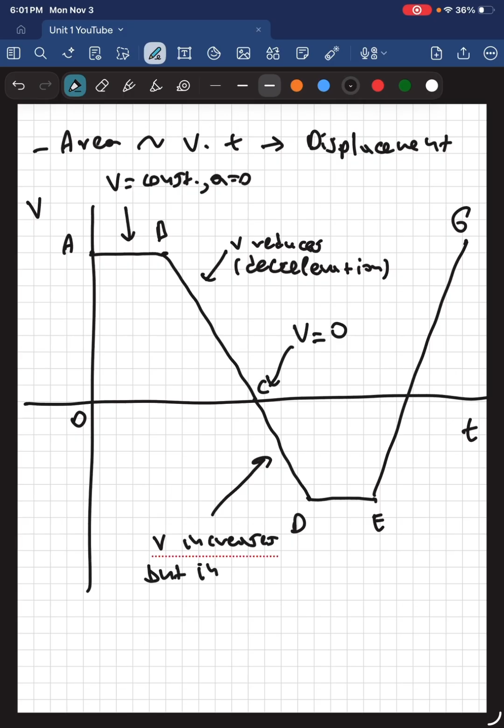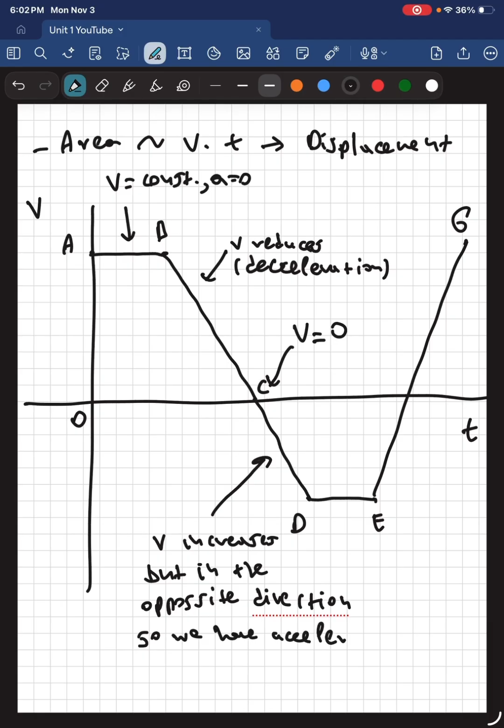And we can see this because we start from 0, and then the object has some large negative velocity at D, okay? So V increases in the opposite direction. I hope this makes sense. So we have acceleration, actually, as strange as it sounds.